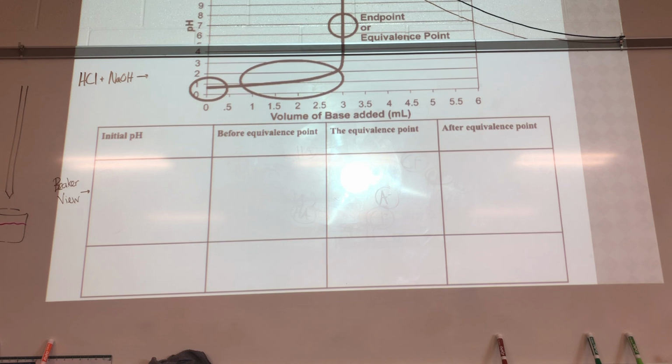Ready, set, go. Talk to your buddy. In that square, yep. You might want a pencil today because you might have to change things. You don't have to draw a beaker in the box, by the way. Just take the box as it is. Talk to your buddy. Make sure you both agree.